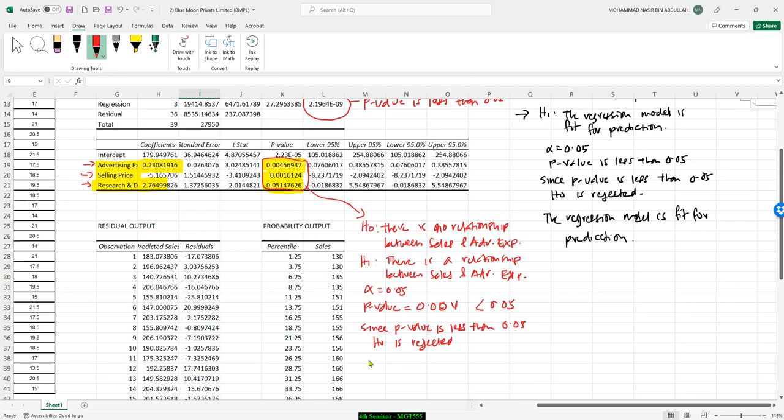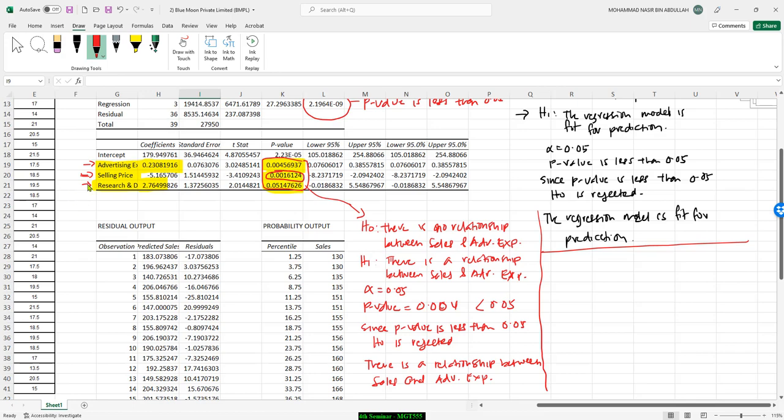So we can conclude that there is a relationship between sales and advertising expenditure. For the second part, which is selling price, it is the same, because the p-value is less than 0.05.